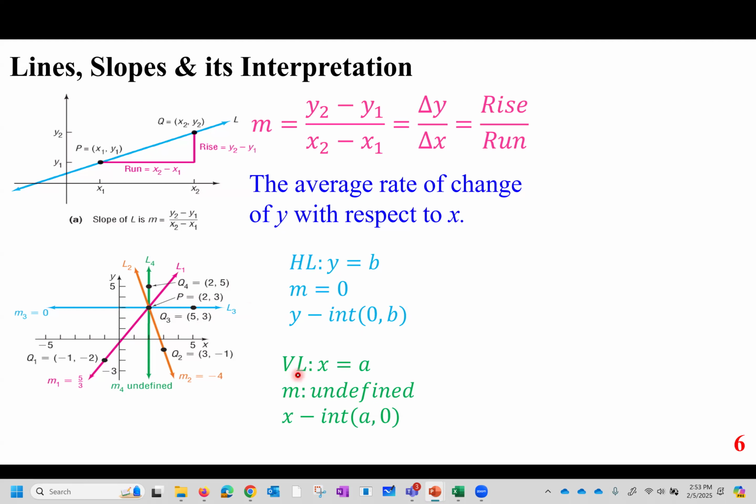VL, short for vertical line, has the equation x equals a. Slope is undefined. X-intercept at (a, 0). So here's the x-intercept. So again, this was the y-intercept for the horizontal line.